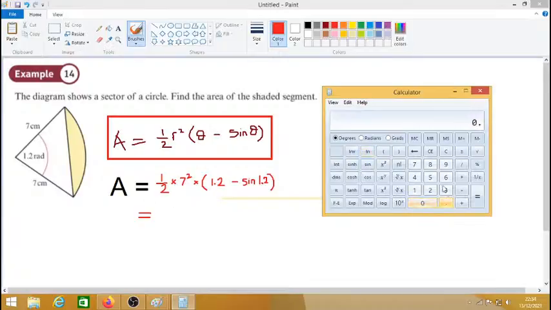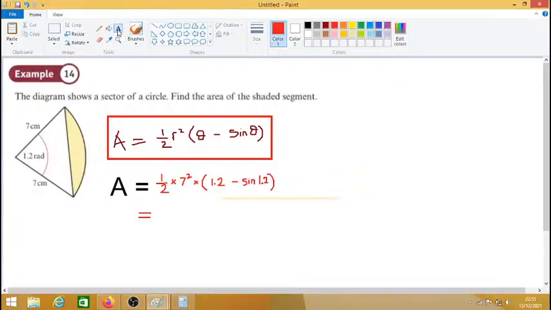So you'll have a half typed in times by 7 squared, which is 49. You can just type in 7 squared. I've just typed in 49 to make it easier. Times by, and then in brackets, you've got 1.2 minus, and I just need to change that to radians. So that's sine of 1.2. And close the brackets. And you have your answer of 6.565.